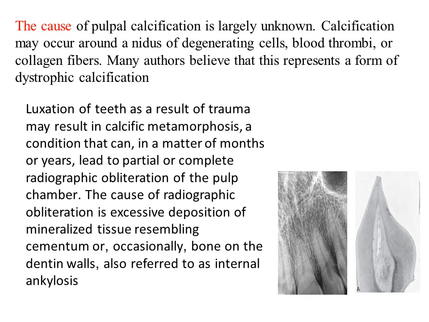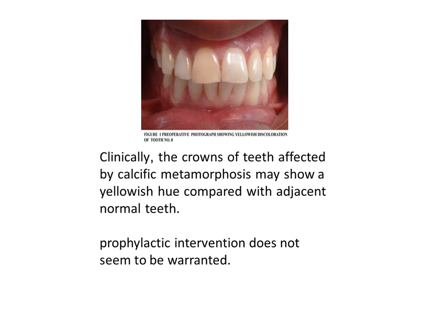We also call them internal ankylosis. All of these can be causes, but there is no clear one. Clinically, in the patient's mouth, they look yellowish if you compare them with the adjacent teeth. So any prophylactic treatment is worth it, really.